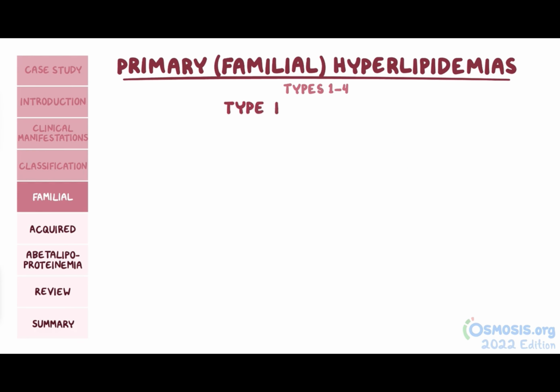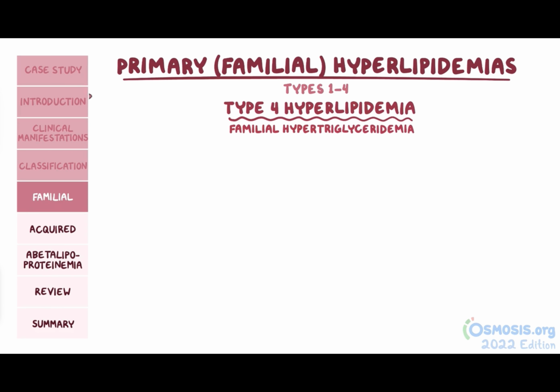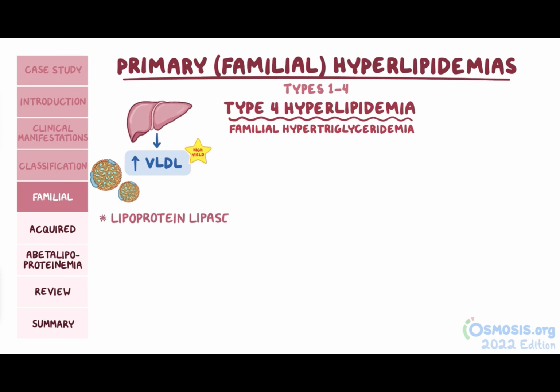Okay, type 4 familial hyperlipidemia is also known as familial hypertriglyceridemia. In this subtype, for some unknown reason, the liver pumps out large amounts of VLDL. In addition, lipoprotein lipase activity is decreased, so VLDLs are not broken down.